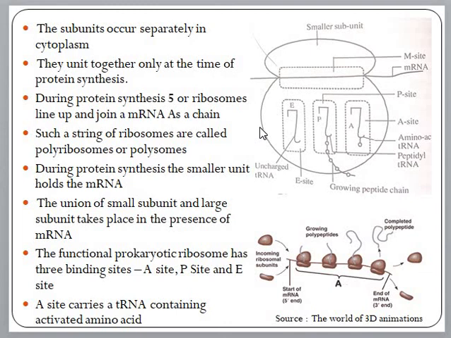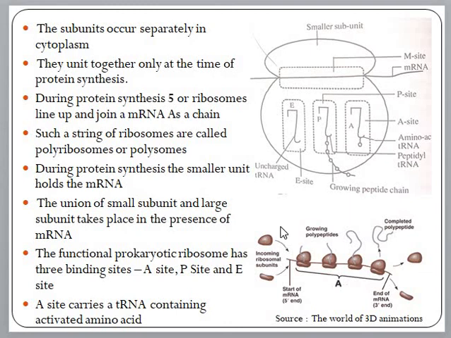During protein synthesis, multiple ribosomes are attached to a single messenger RNA, and this condition is called polyribosomes. Such a string of ribosomes is called a polyribosome or polysome. During the association of messenger RNA with the ribosome, the smaller subunit holds the messenger RNA.